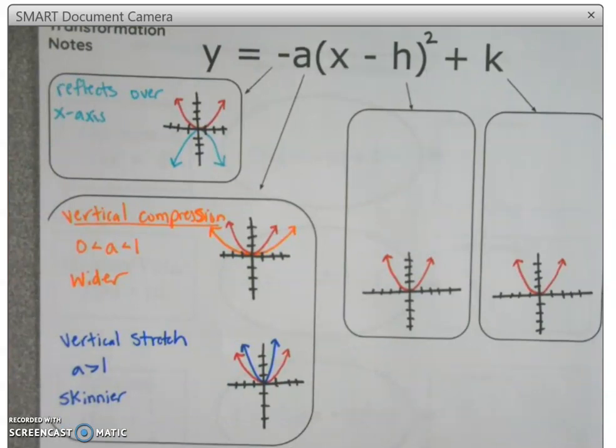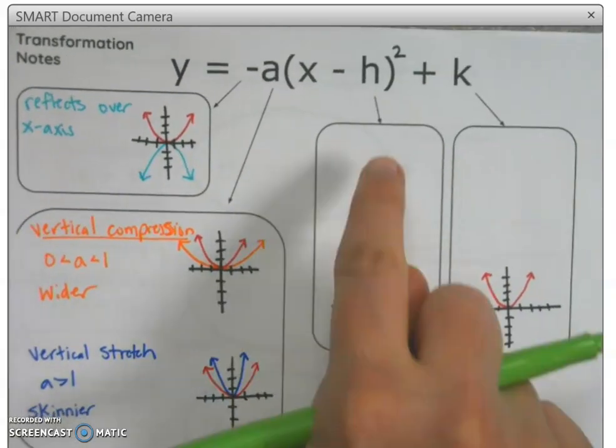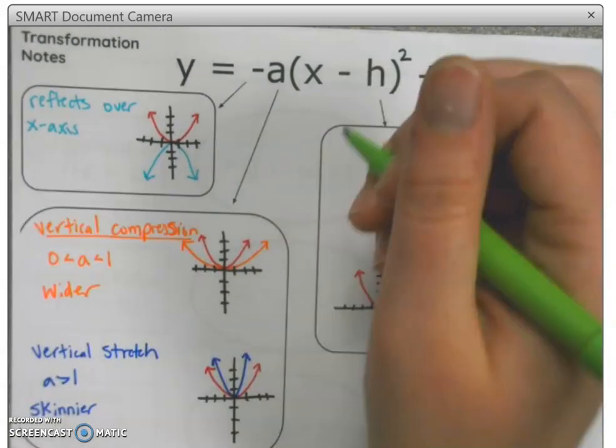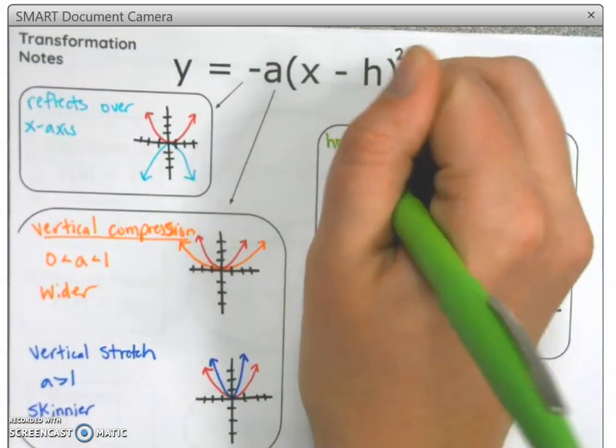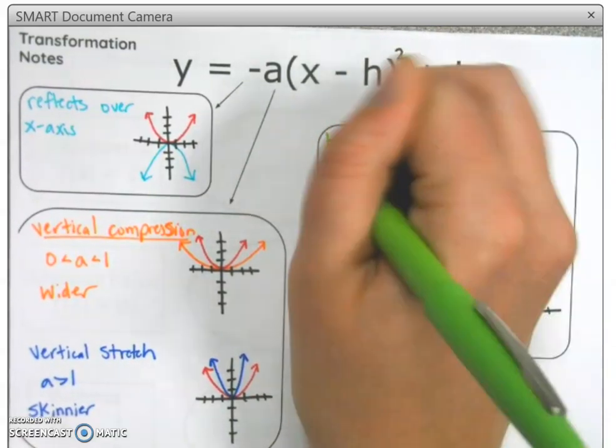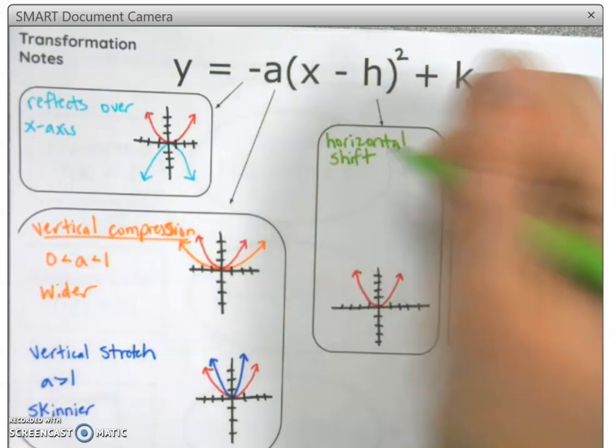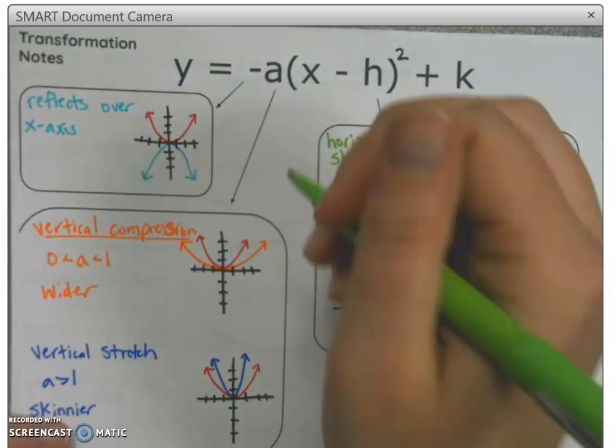The H is a horizontal shift. And it moves the graph left and right.